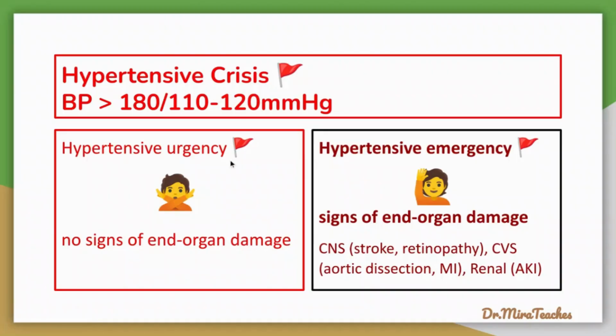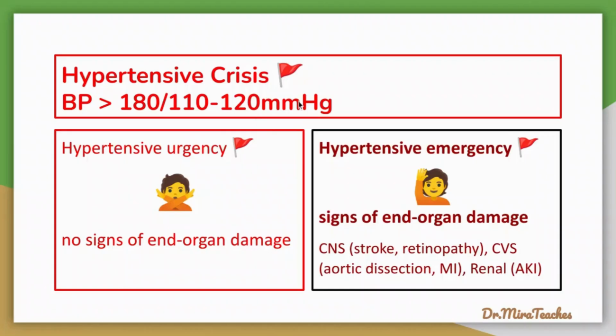That patient is in hypertensive crisis and it's an urgent situation because the patient may progress to having end organ damage. But we are in a lucky window where the patient doesn't have end organ damage as yet. That is why it's called hypertensive urgency. There are no signs of end organ damage. So that's the meaning. Just a high BP, then you are having hypertensive urgency. Remember, this is what the value is.